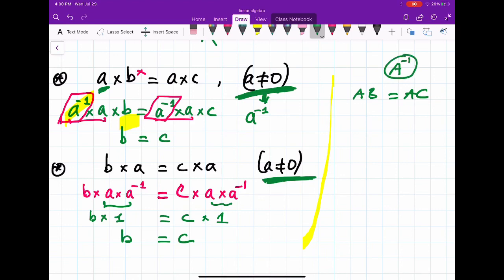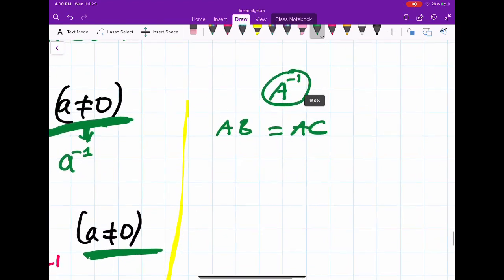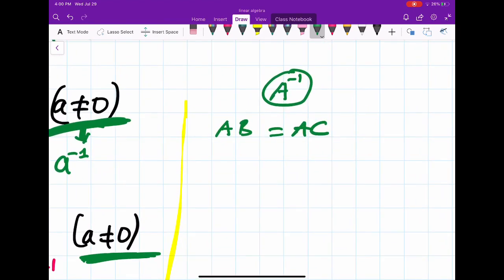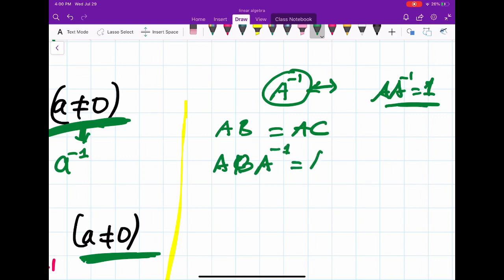Right now we don't know what the inverse of a matrix is, right? But suppose that the inverse is X, some kind of matrix which cancels A. Let's say A times A negative 1 equals 1. I want to cancel A, so I cannot multiply from this side, there's no way.